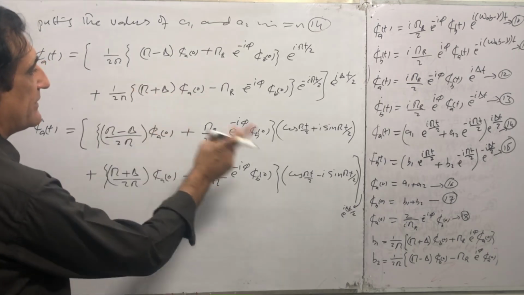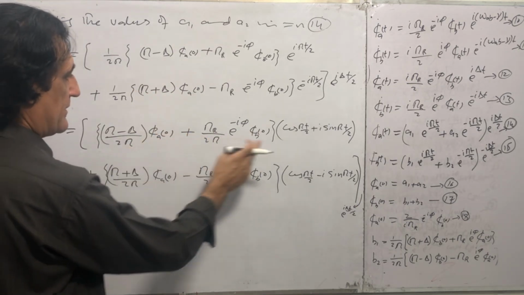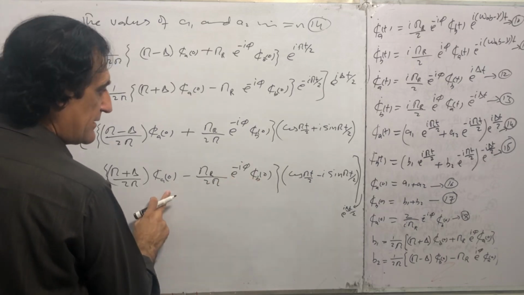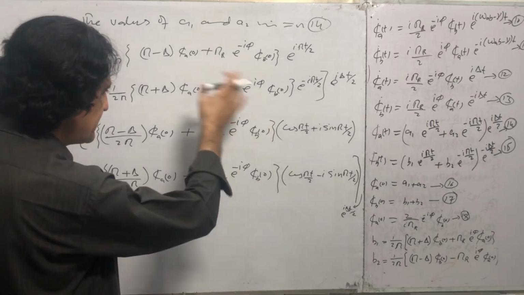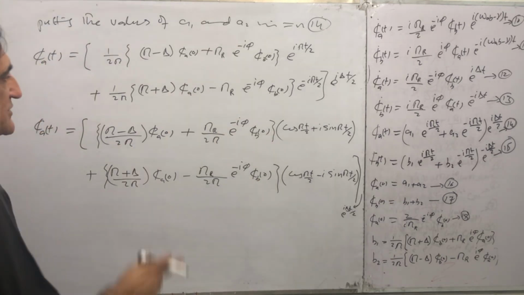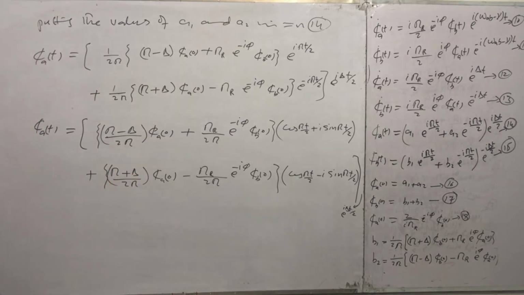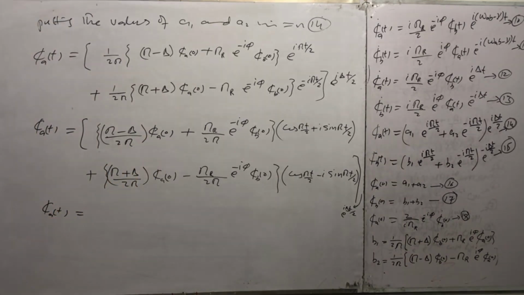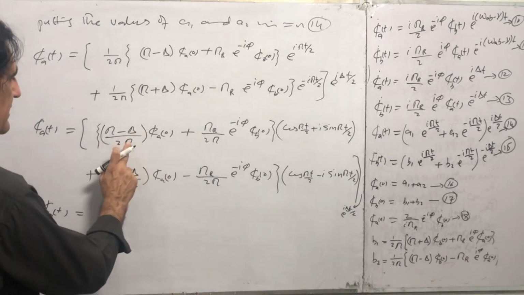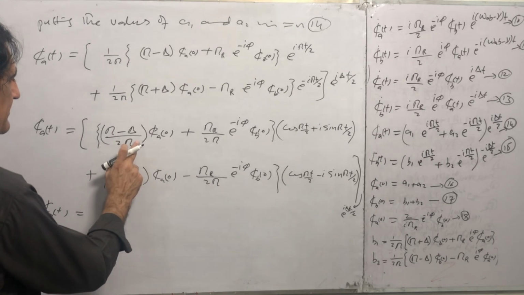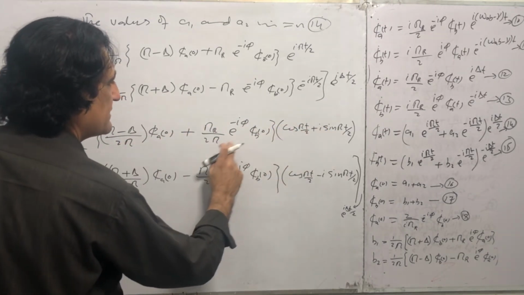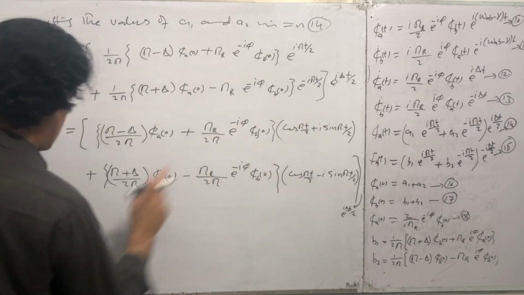Now we have some multiplication here, and after some mathematical steps I can reach the point where this is very simple, because this is a simple multiplication. Multiply this with this term, this with this term, this with this term, this with this, and similarly.